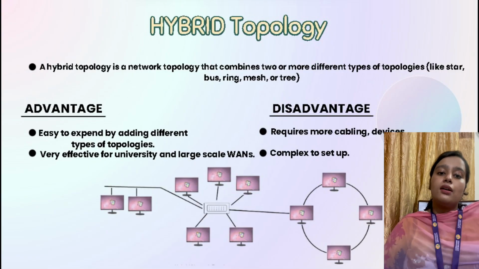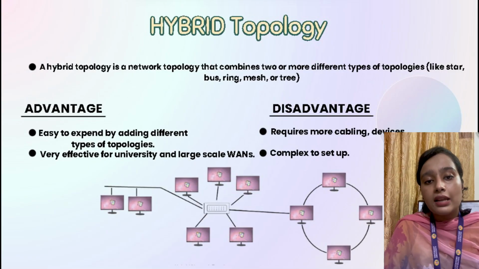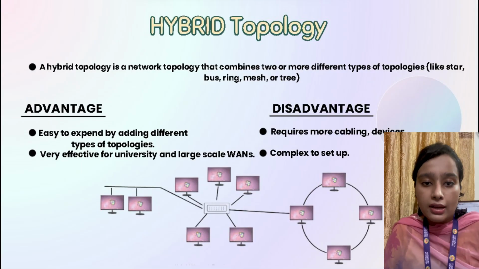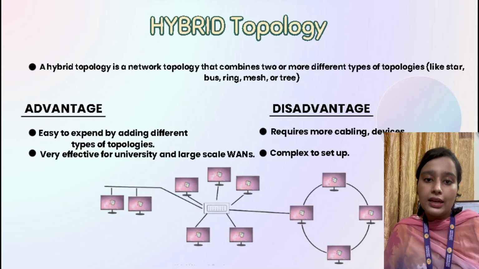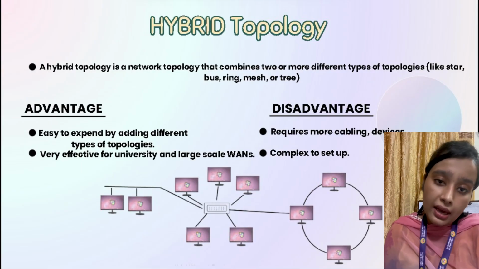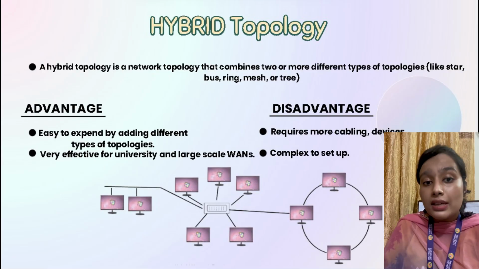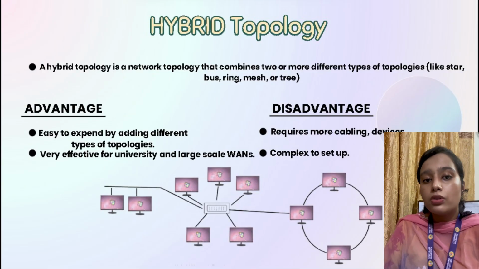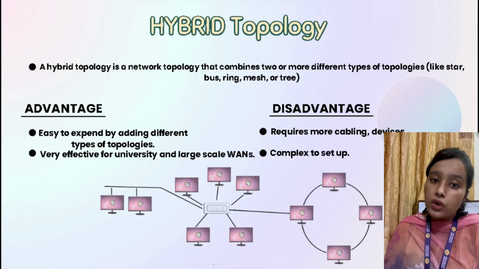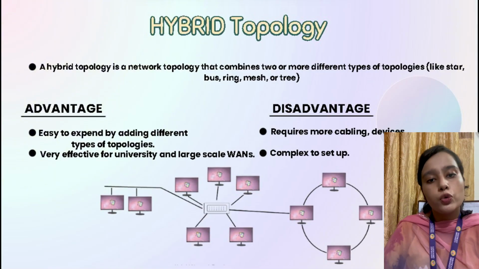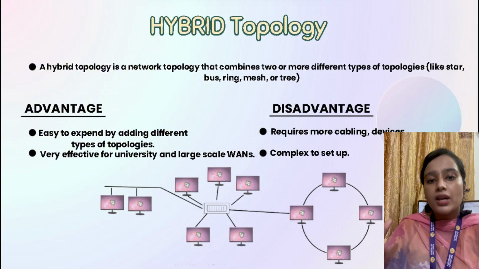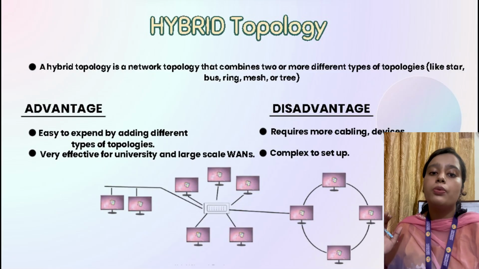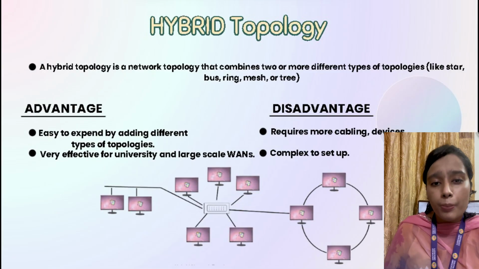In this presentation I am explaining about 6 topologies, right? As we can compare among the 6 topologies, bus topology, star topology and ring topology are easy to set up, and mesh topology, hybrid topology and tree topology are too complex.